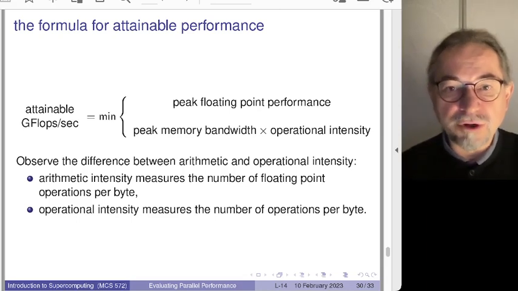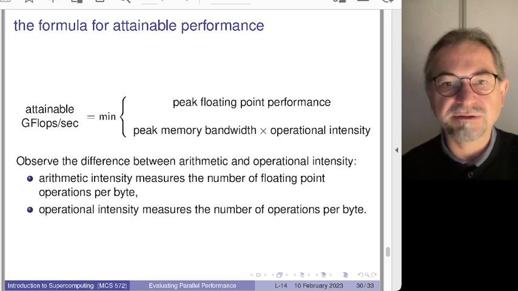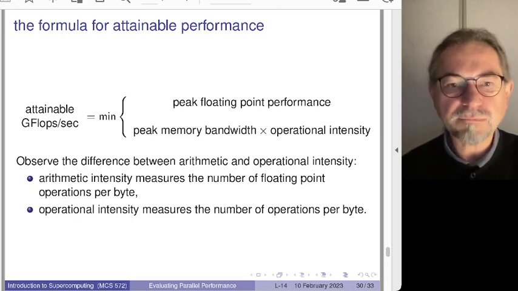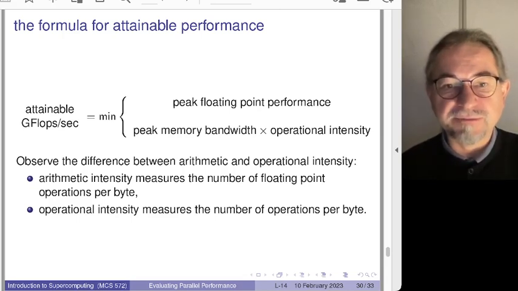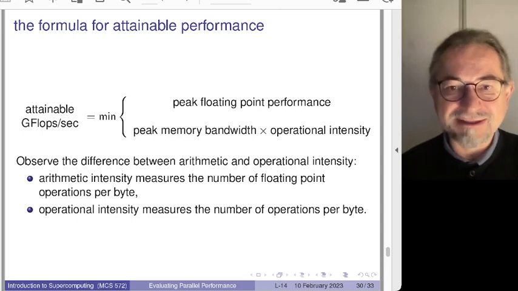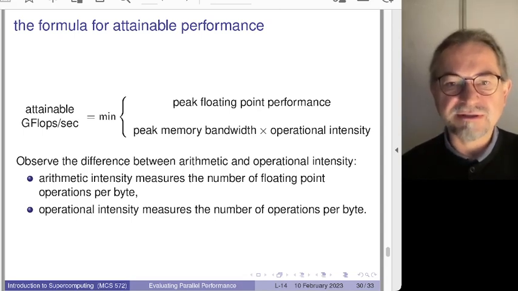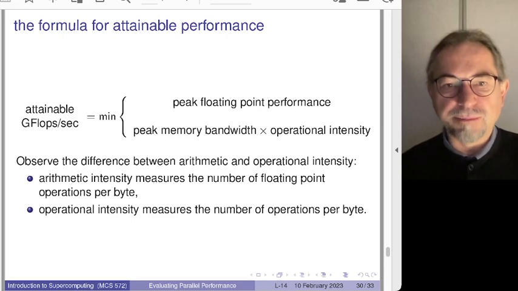So that's the formula also to compute the ridge point in this roof. Notice here the difference between the arithmetic intensity and the operational intensity. The operational intensity measures the number of operations per byte.